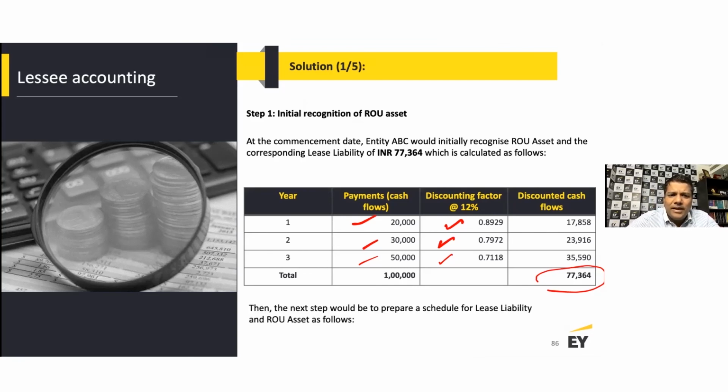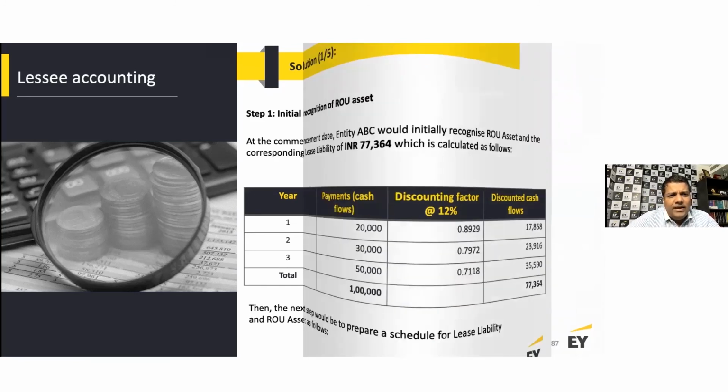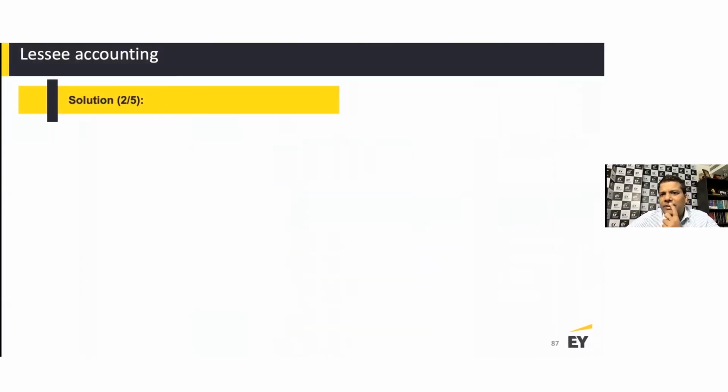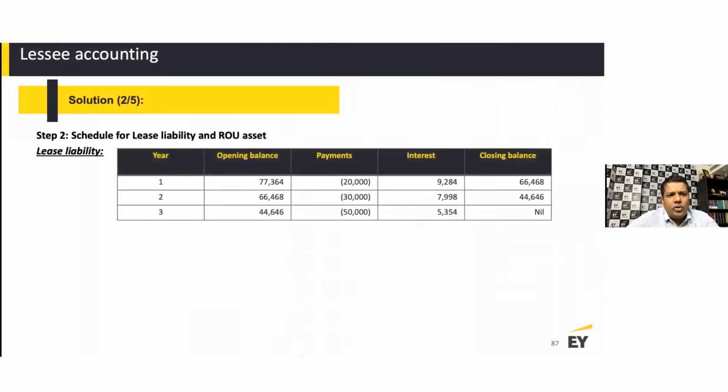Okay. Now, how do I need to deal with this? So this is my ROU asset and my liability. Now I'm going to look at how I need to deal with this from a P&L perspective, right? So, the schedule for lease liability and ROU asset. Now I'm going to look at years 1 to 3. That's my liability at the beginning of the year, 77,364.